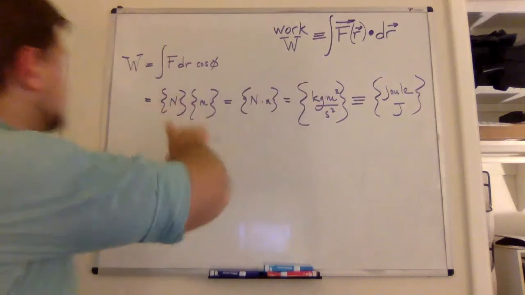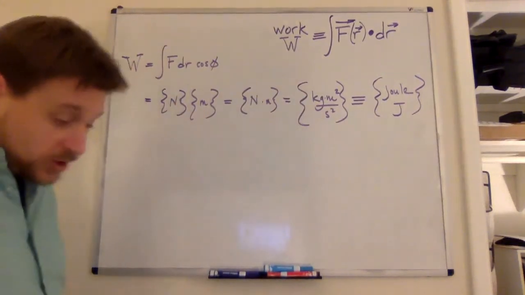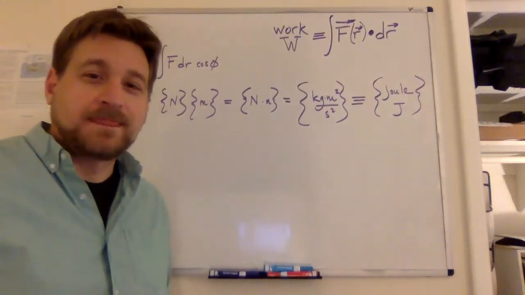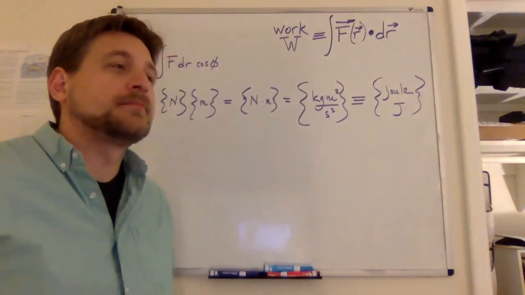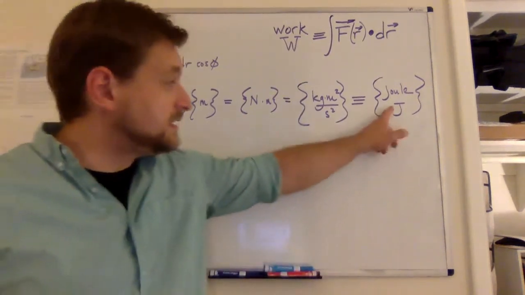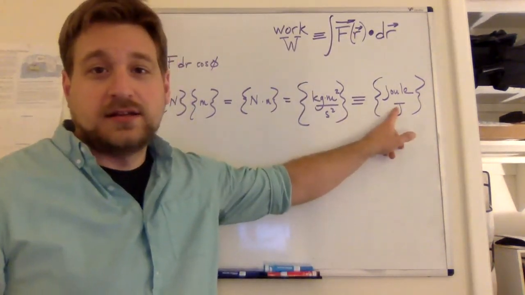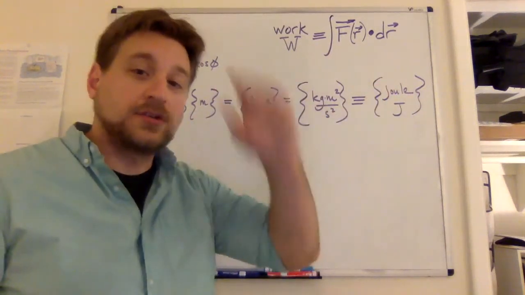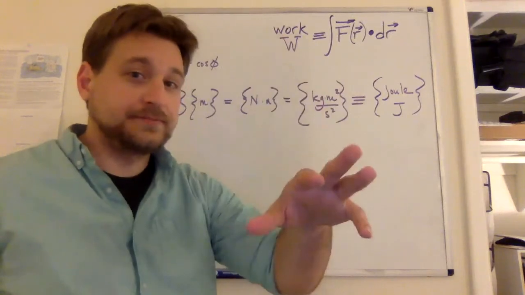This is work, not impulse. Its symbol is W, and its unit is capital J, not a vector. If you've got a J with a vector ornament, it's got to be impulse.